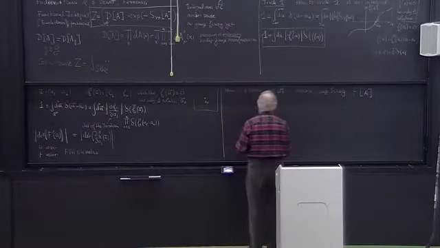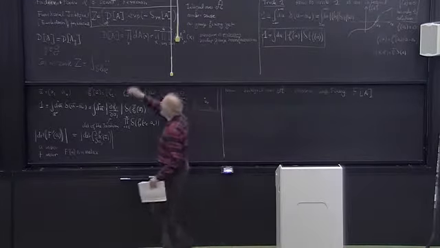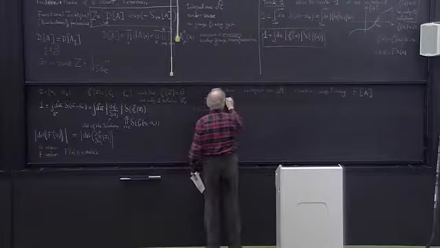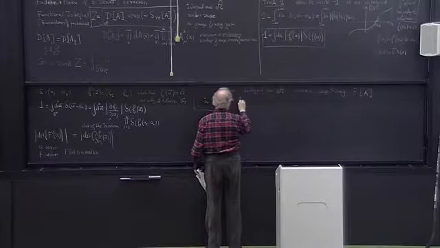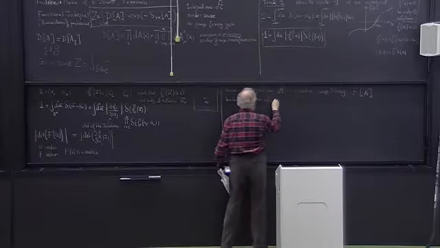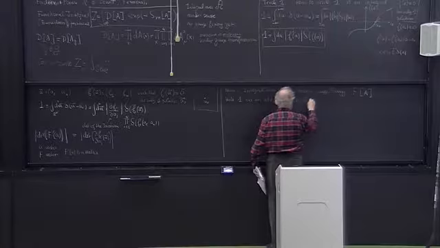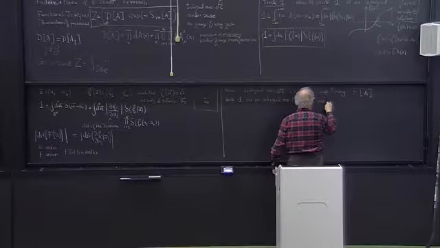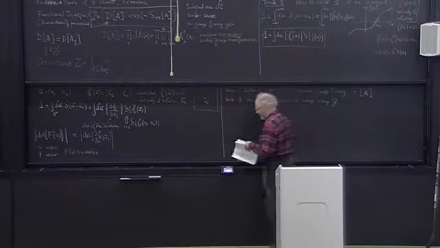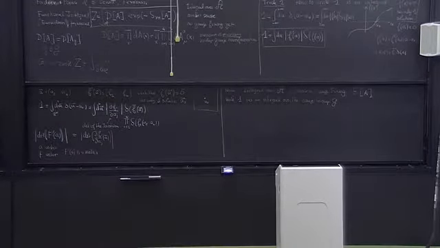And then I'm going to write 1 as an integral over the gauge group G. So as I said, when you have a gauge group, you have a Haar measure.